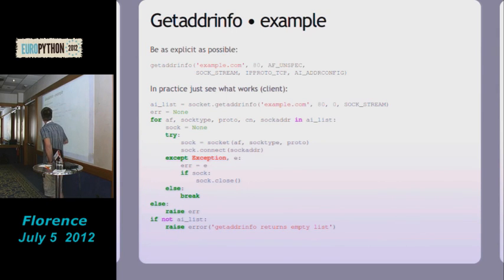So, yeah, this is an example of using it. Basically, the top example tries to specify as much as possible. But again, usually this will be fine. Usually, you'll get a list of results that actually matches the endpoint you're trying to connect to.